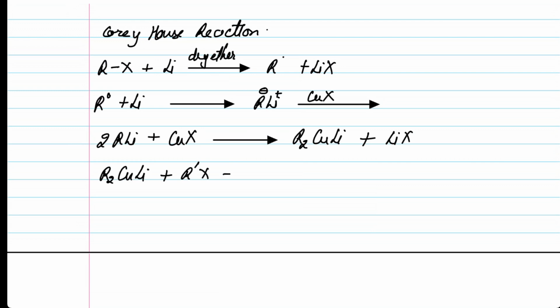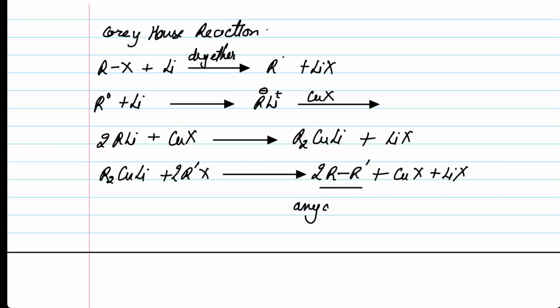R'-X. When we add another alkyl halide to it, R'-X, then we end up with R-R' plus CuX plus LiX. So we are going to get an alkane, and here an unsymmetric alkane can also be formed.